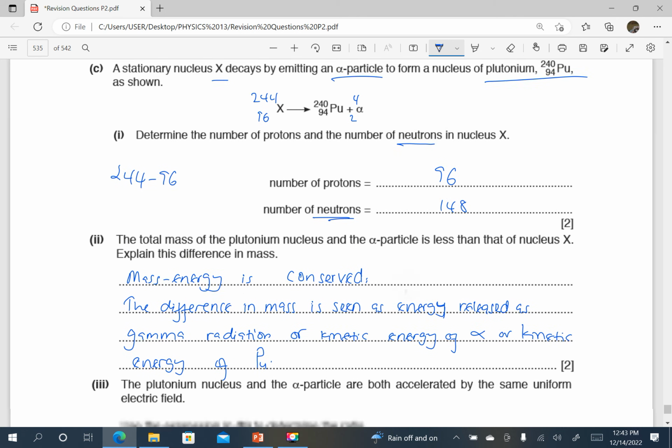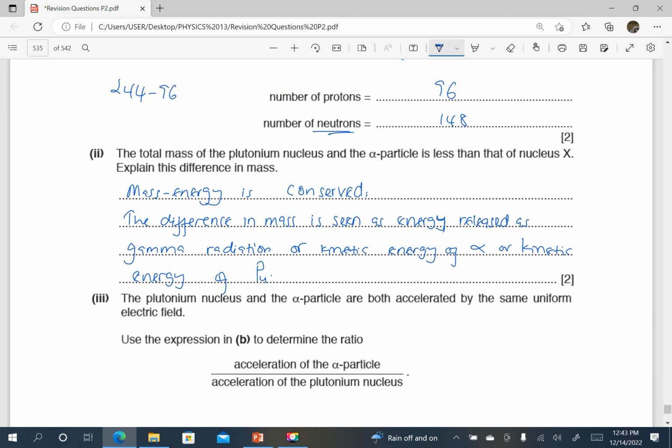So that difference in mass is converted into energy, which is seen as gamma radiation or kinetic energy of the alpha, or kinetic energy of the plutonium.